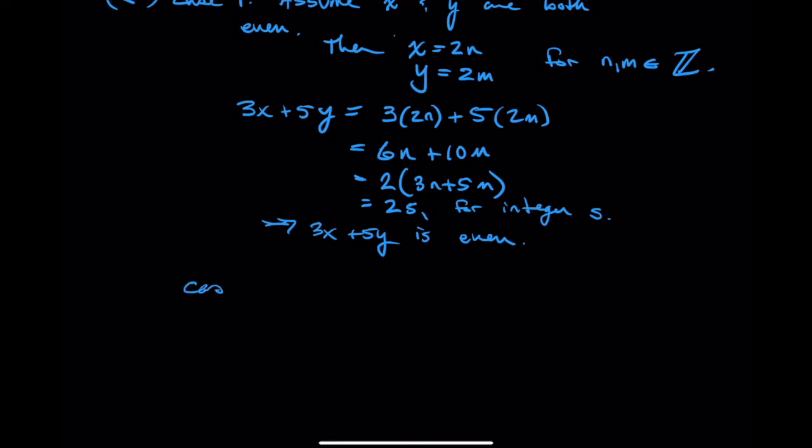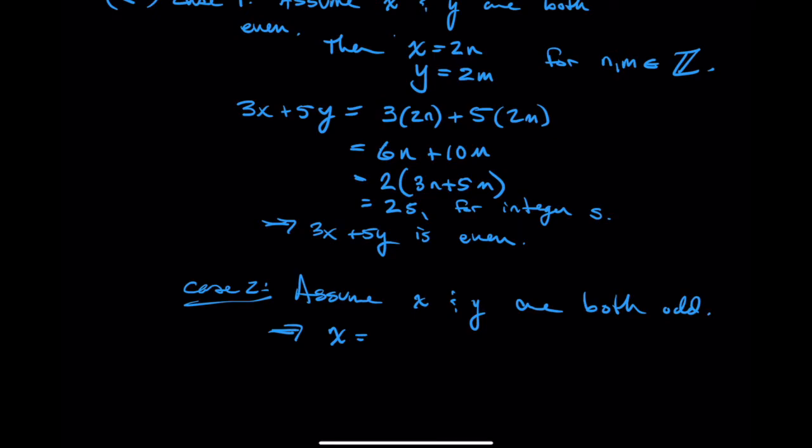All right, so now case 2. In case 2, we're going to assume x and y are both odd. So this tells us that x can be equal to 2a plus 1, y can be equal to 2b plus 1 for integers a and b.